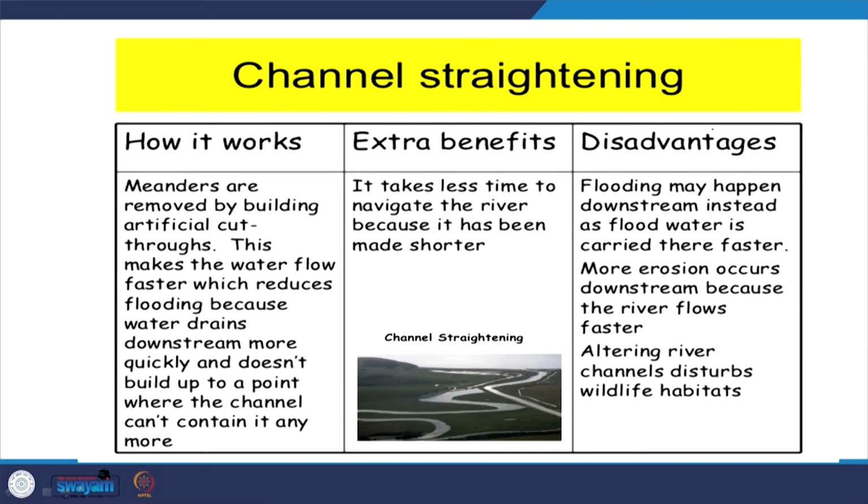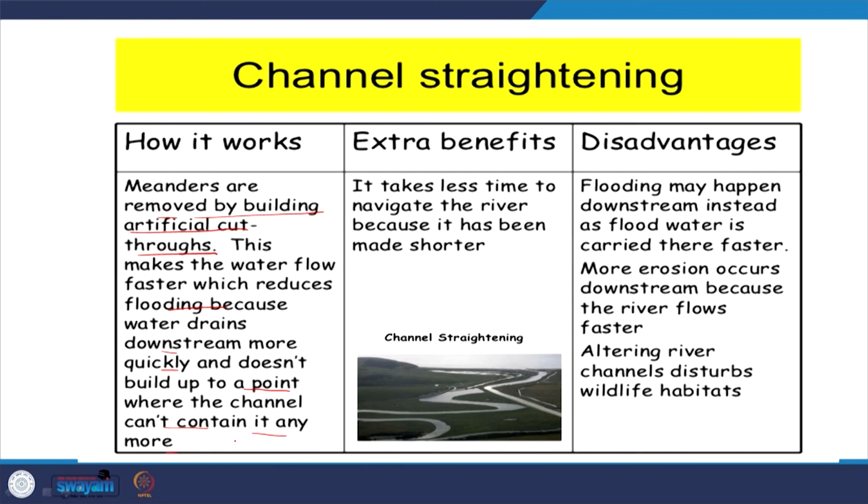Then the same thing is written here: how it works, extra benefit and disadvantages. So, meanders are removed by building artificial cut-throughs. This makes the water flow faster with reduced flood, because water drains downstream more quickly and does not build up to a point where the channel cannot contain it anymore.